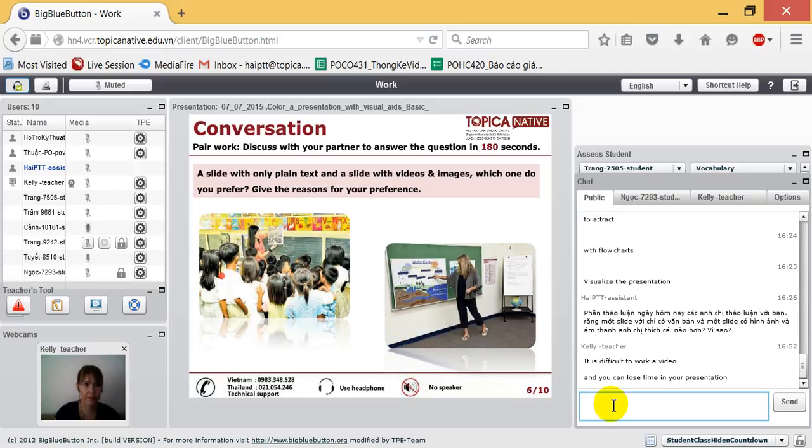Just a chart, yes. A flow chart is a good idea to organize the presentation. So you can use flow charts. Yes.